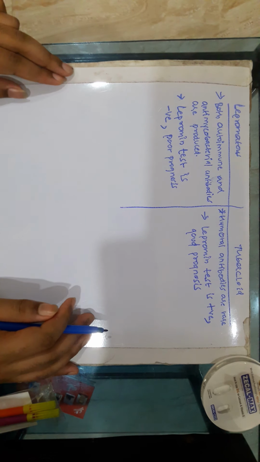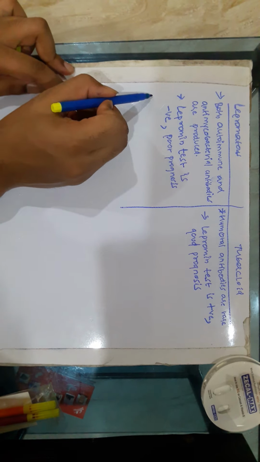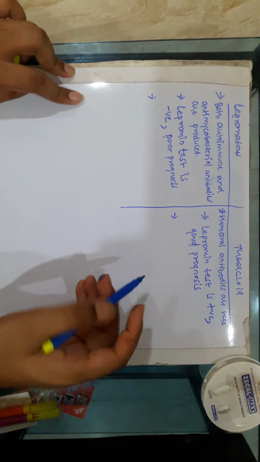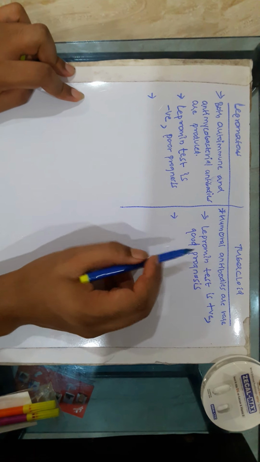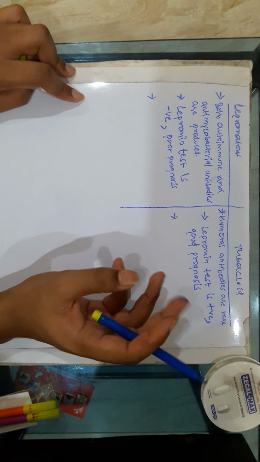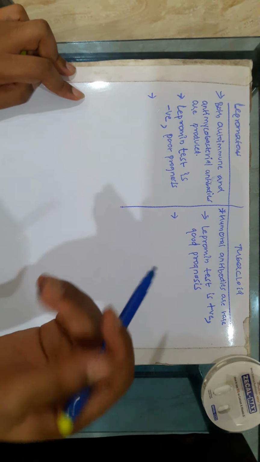Then we shall come to the symptoms. Let's first discuss tuberculoid. In tuberculoid, the skin lesions are few, and they are sharply demarcated with macular patches.